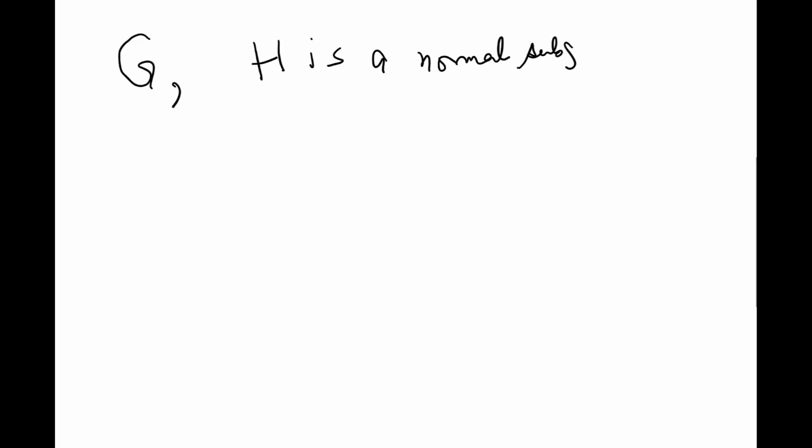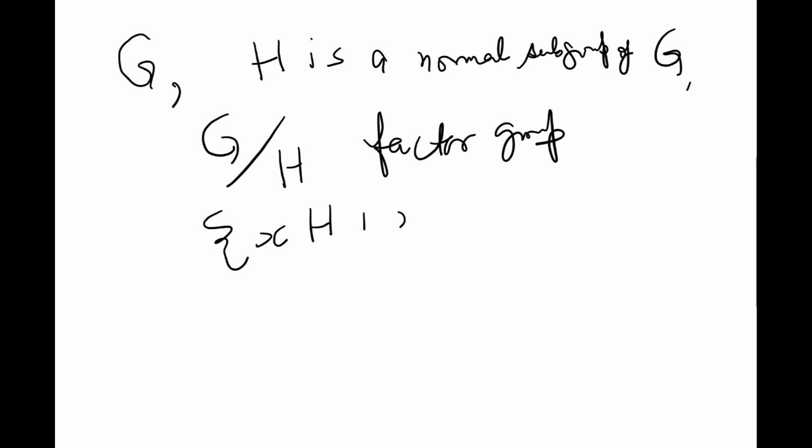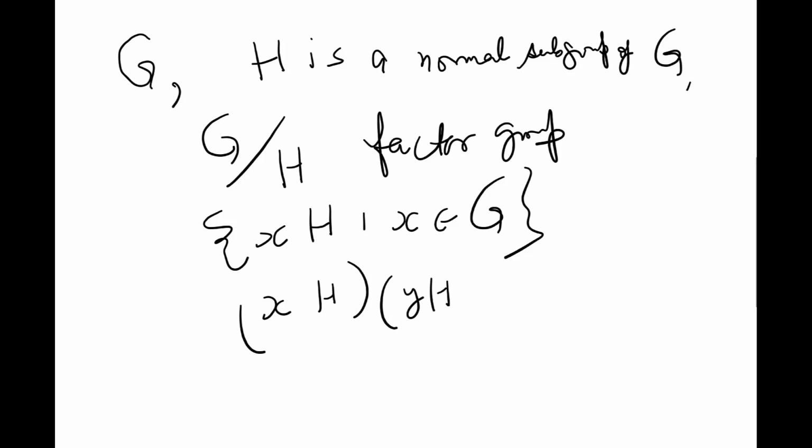So what we are working on is this: if G is a group and H is a normal subgroup of G, then G over H, which we call the factor group, is a group of left cosets of H, or you can even take it as right cosets of H. This is a group with the operation xH times yH equals xyH.